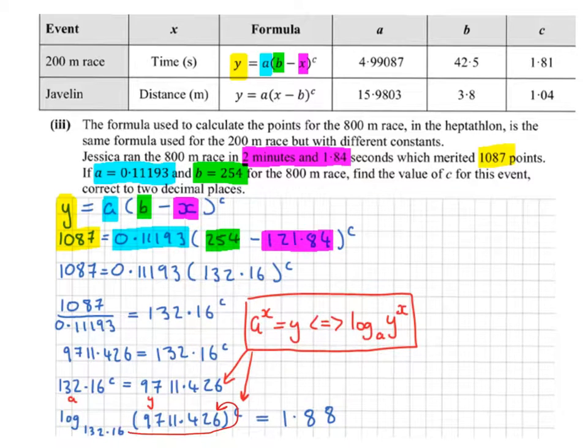So rewriting, we get log base 132.16 of 9,711.426 equals c. So it's basically our scorpion tail method in reverse. So 132.16 to the power of c equals 9,711.426, which is what we had. And into the calculator we get 1.88.